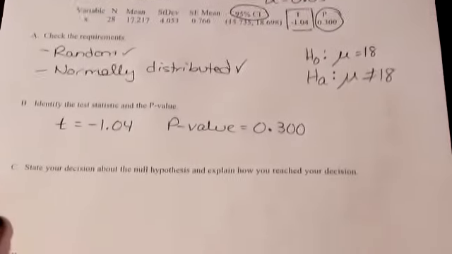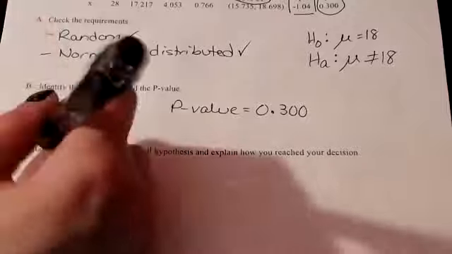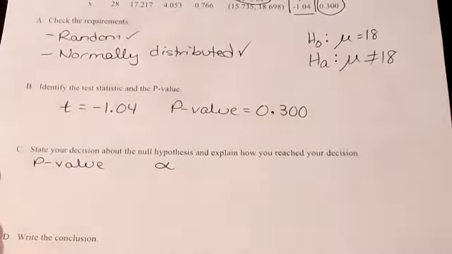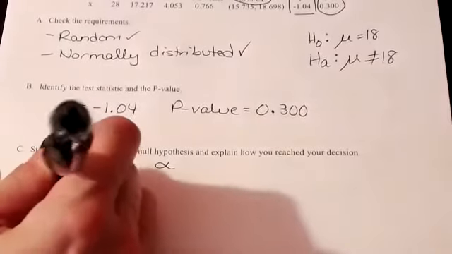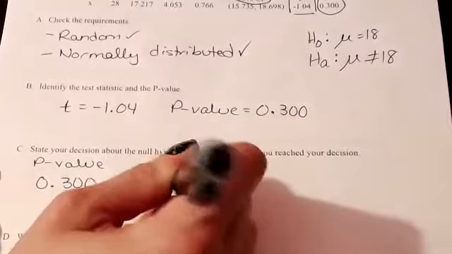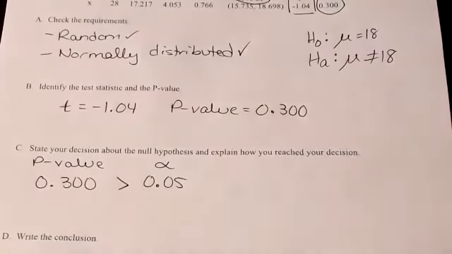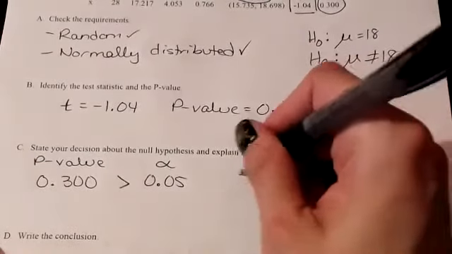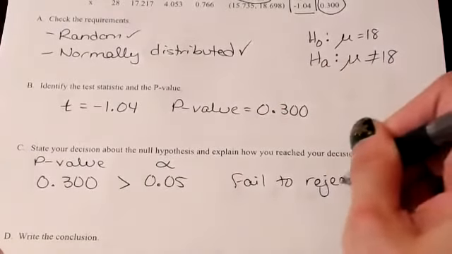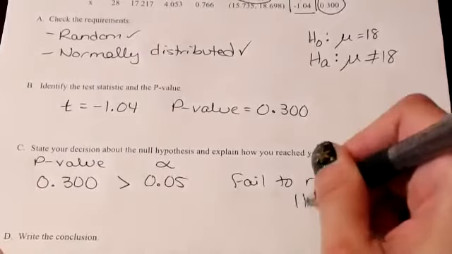So we are going to compare our p-value with our alpha. Our p-value is 0.300. Our alpha is 0.05. We see that our p-value is greater than alpha, which implies we fail to reject the null hypothesis.